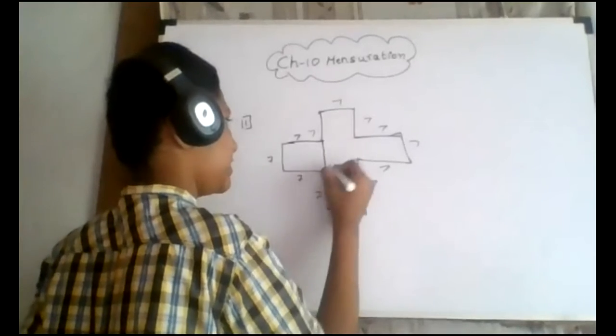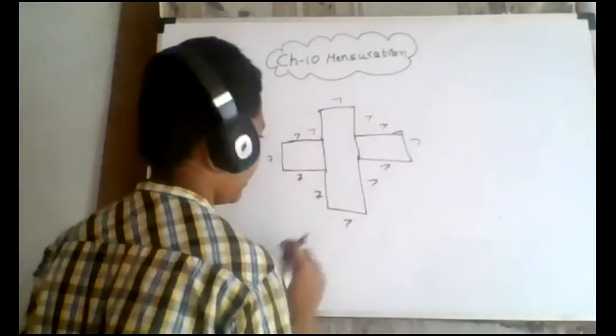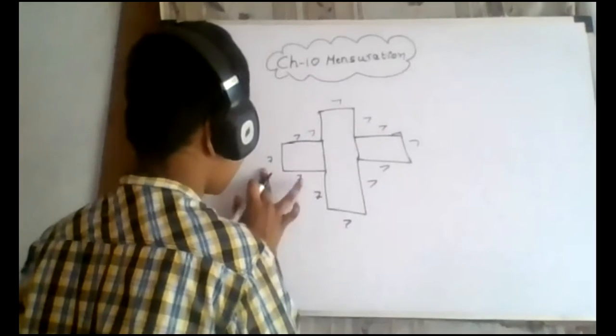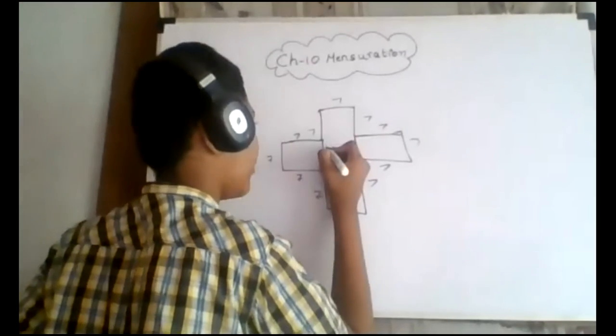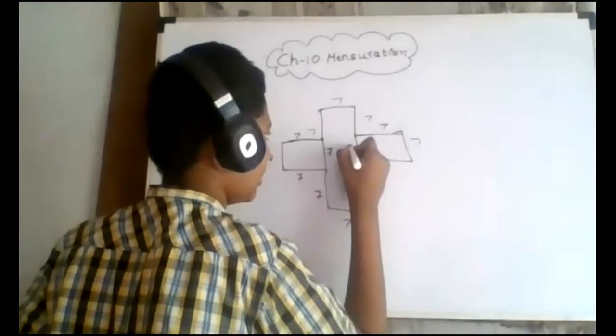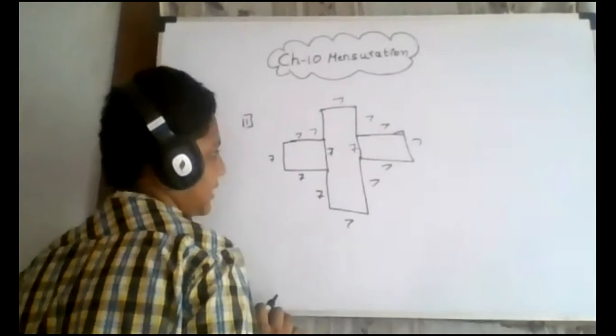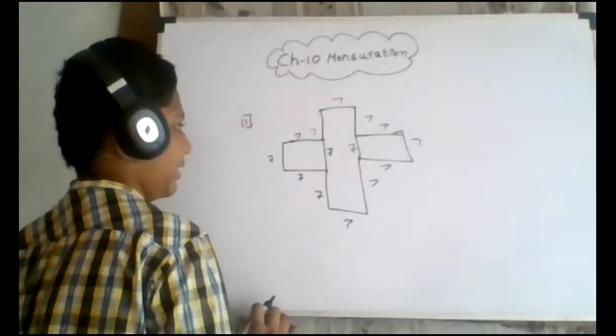Let us divide the shape. If this is 7, this is 7, this is 7, then obviously this will be 7.